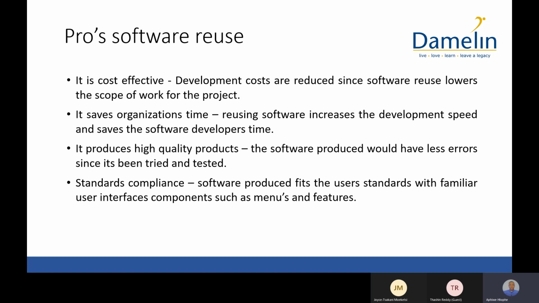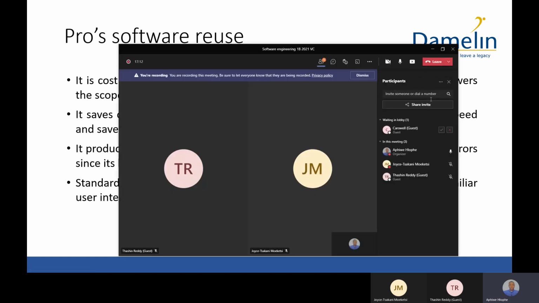It saves in the same manner on the organization's time. It also produces high quality products. Okay, going back to fewer errors, because you're using components that have been built by other vendors. And then also you're able to become compliant.